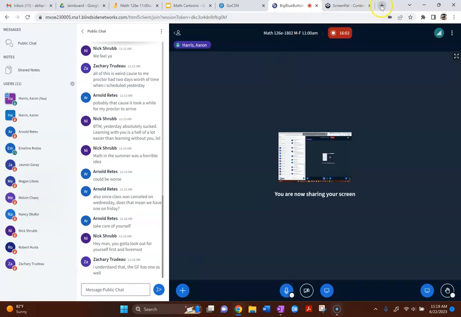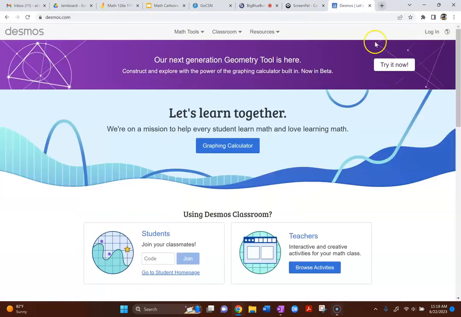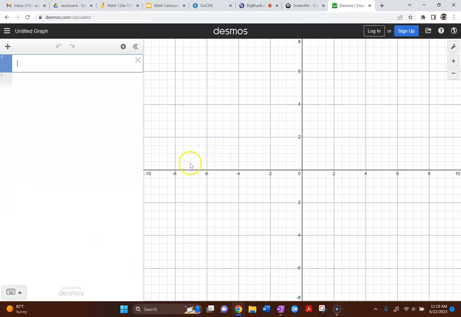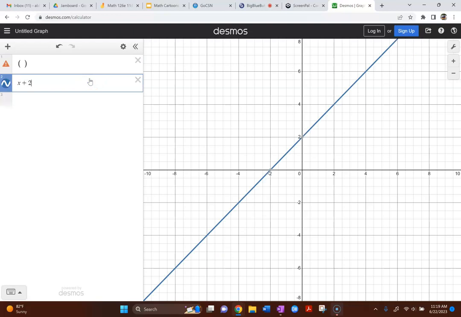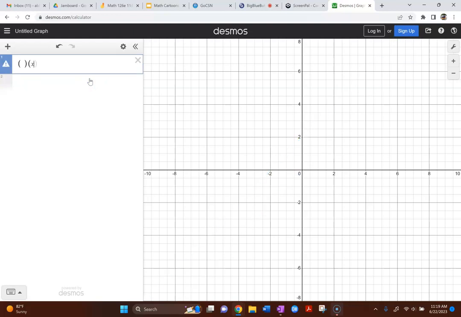Let me go ahead and pull up Desmos, the graphing calculator, and you'll see a nice circle for that. Let's see, what was it? x plus 2, no. x plus 2, oh my goodness, the struggle is real. Parenthesis, there we go.